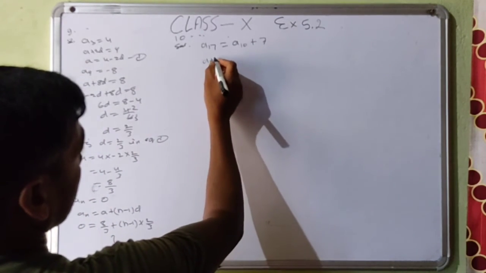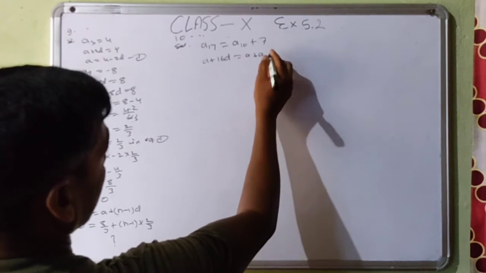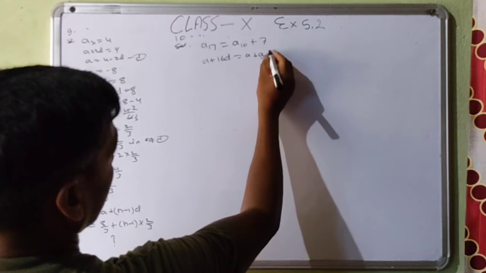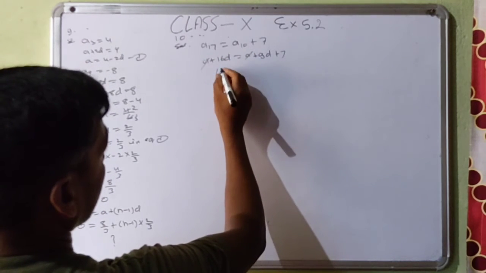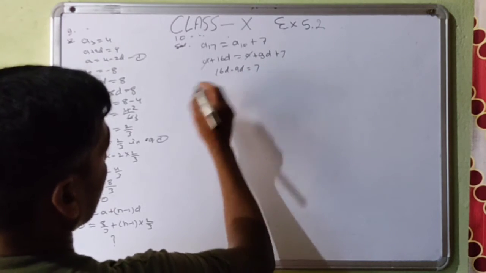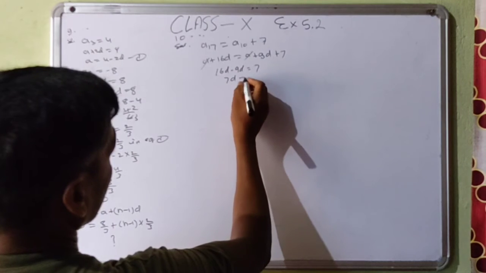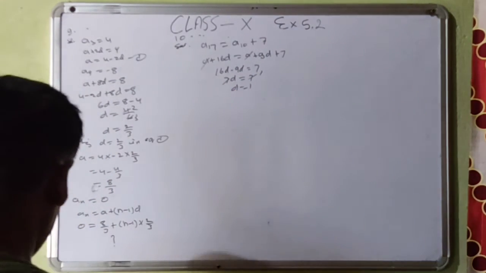So A plus 16D is equal to A plus 9D plus 7. So A cancels by A. So 16D minus 9D is equal to 7. So 7D is equal to 7. So D is equal to 1.